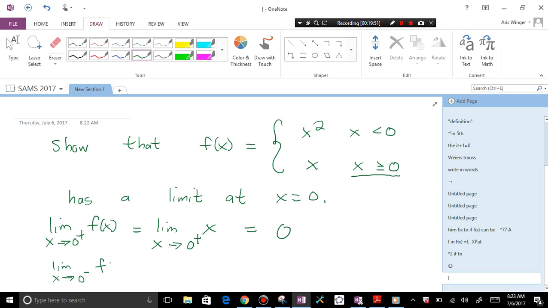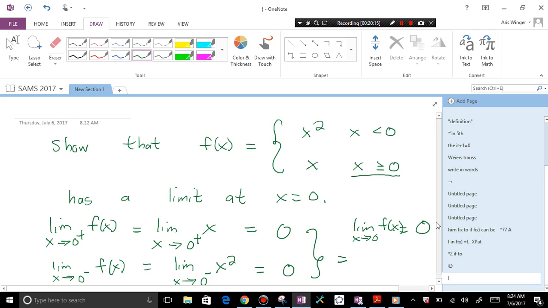The limit as x goes to 0 from the left of f of x is equal to the limit as x goes to 0 from the left of x squared, which is also 0. So since these are equal, the limit as x goes to 0 of f of x exists, and it's also equal to 0.